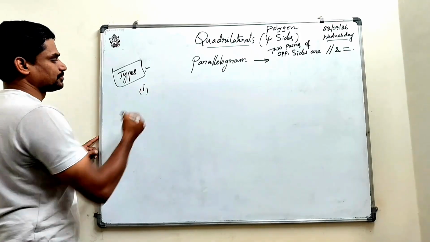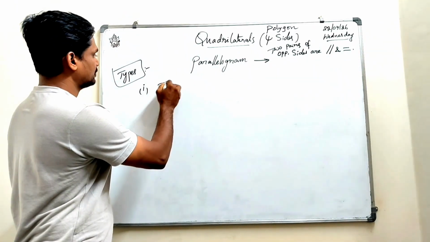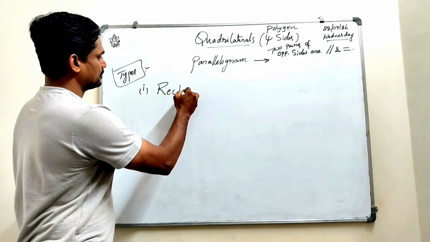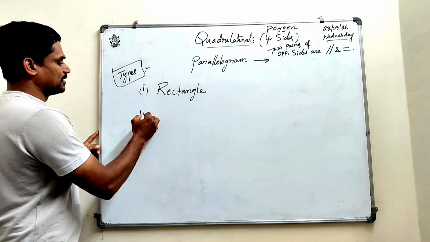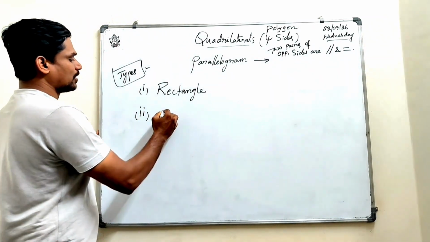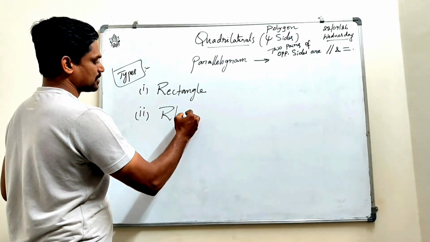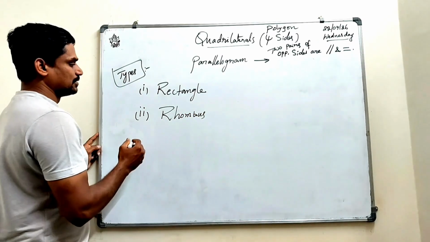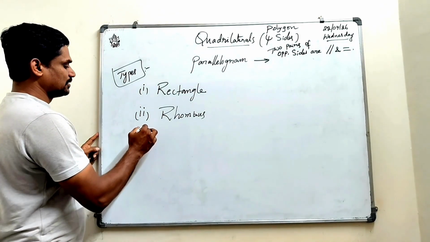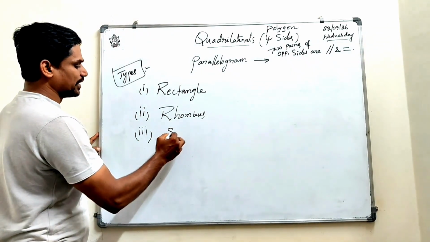First one, a rectangle. And second one, we'll talk about rhombus. Third one, we talk about square.